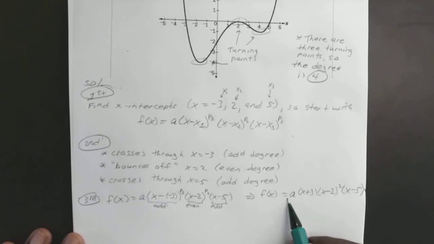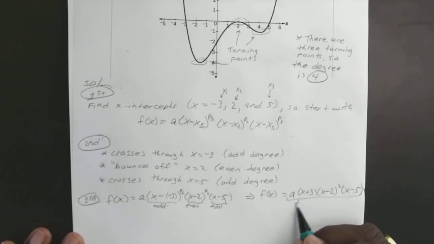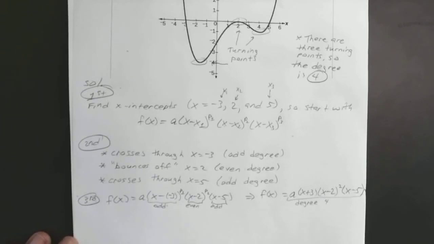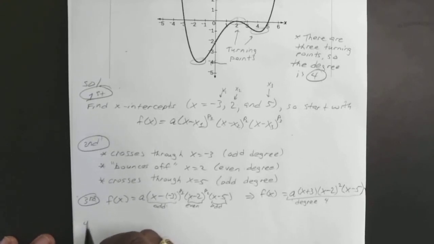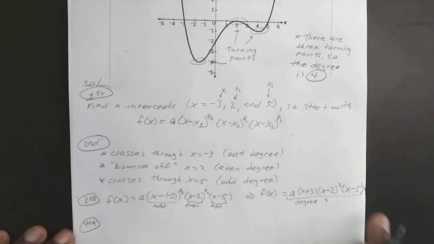So you have a times x plus 3, because minus negative is just plus, times x minus 2 squared, times x minus 5. So we have our degree 4, which we kind of knew way up there. Any questions so far? All right.